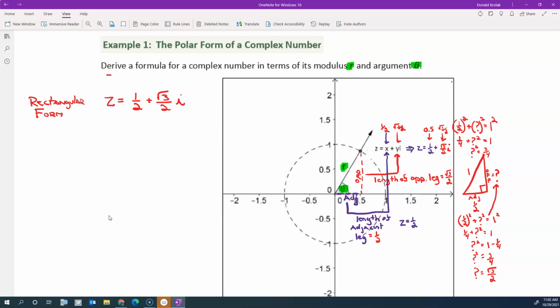The original one looked like this. It was z equals x plus y i. And we took out the letter x and we made it 1/2. And we took out the letter y and we made it root 3 over 2.